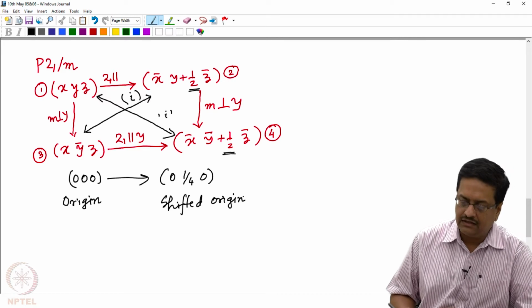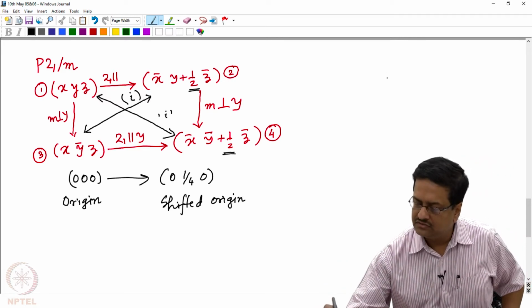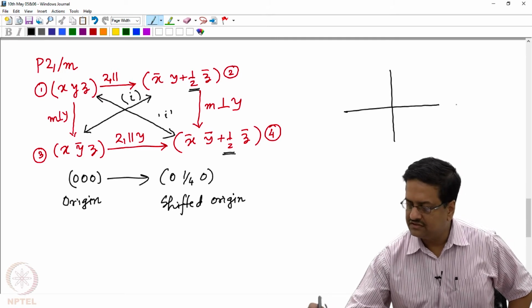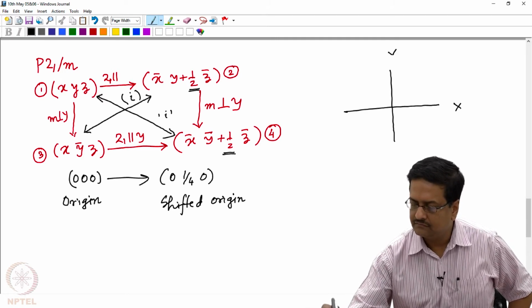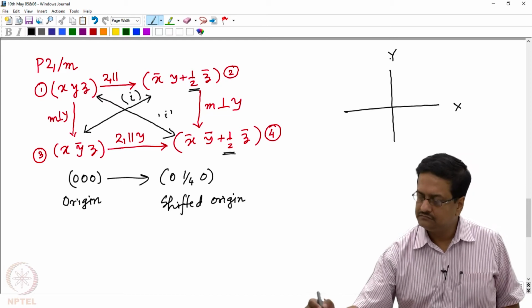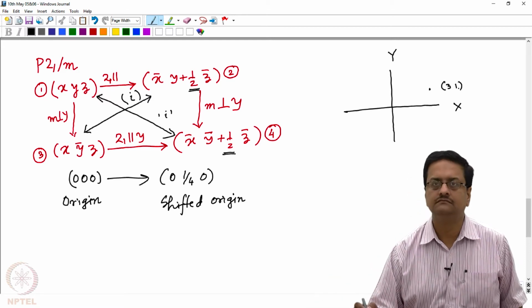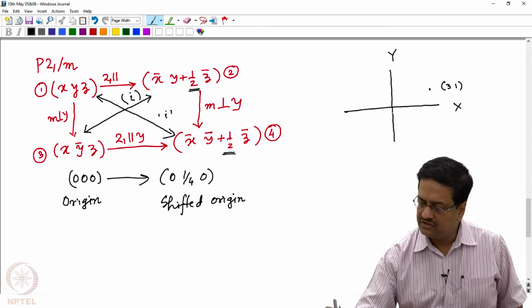To understand that, let us use a simple coordinate system x, y, and suppose we have a point here which is 3, 1 with respect to this origin at 0, 0.